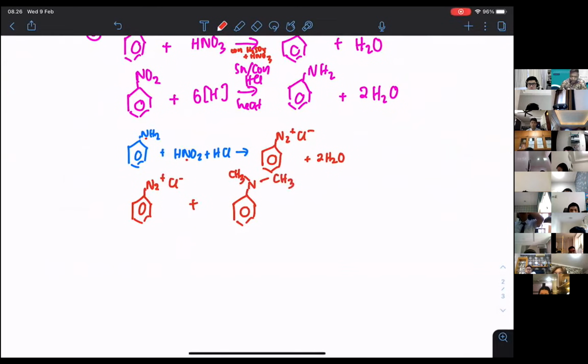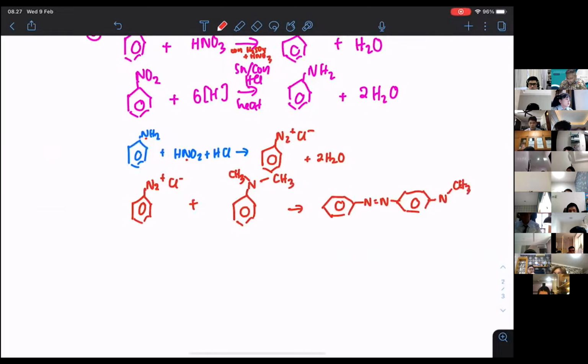So you are going to get N double bond N joined with N(CH3)2, plus one of the H and then Cl over there, so HCl. So this is going to be the yellow dye.